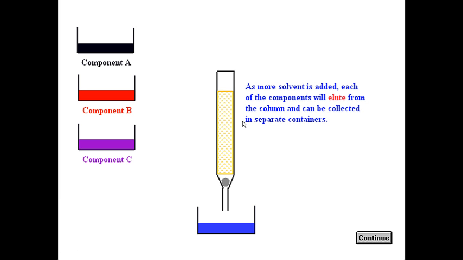And hopefully if the compounds have different or slightly different polarities, they will separate from each other as they either move up the TLC plate or in this case down the column. Okay, so this is the basic technique or theory behind column and thin layer chromatography.